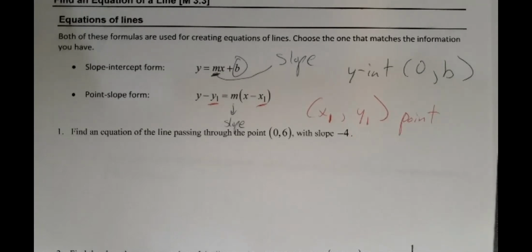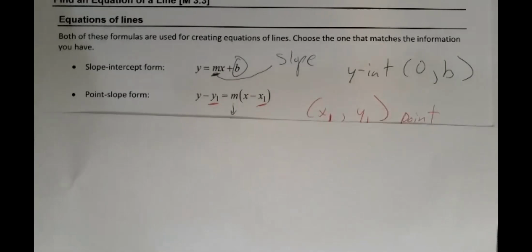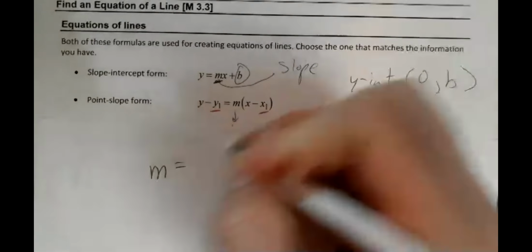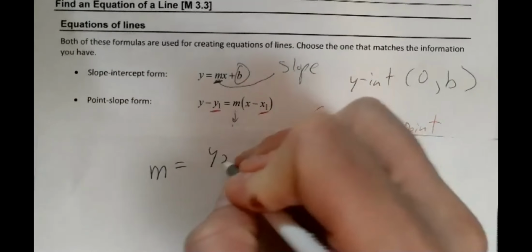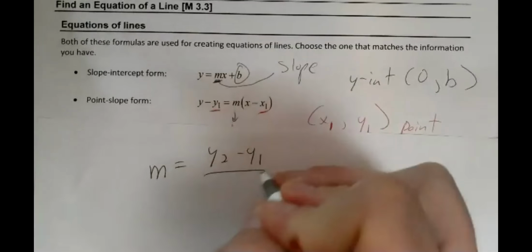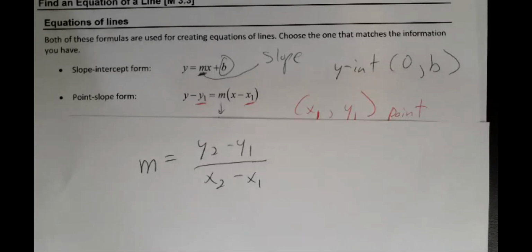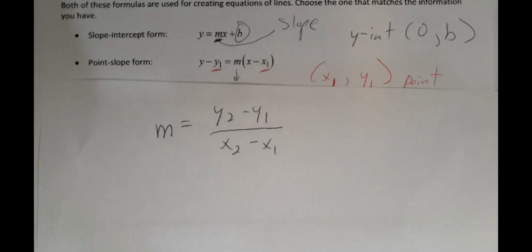I think some people have a difficult time remembering this point-slope form. To me, if I find my slope, I'm doing y over x, the change in y over the change in x. This is if I had two points and I'm trying to find a slope; this is what it would look like.